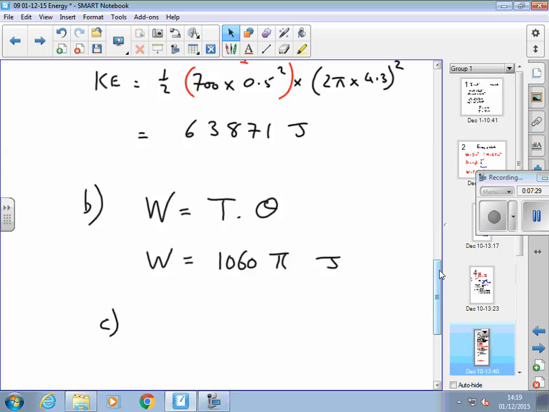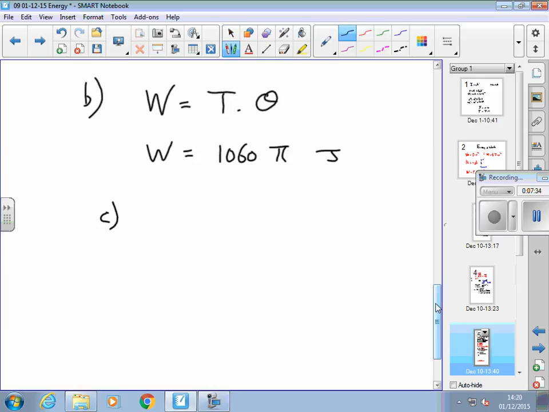just add them together. So the total kinetic energy, the final kinetic energy, is the initial kinetic energy plus the work. So that's what I'm going to do.